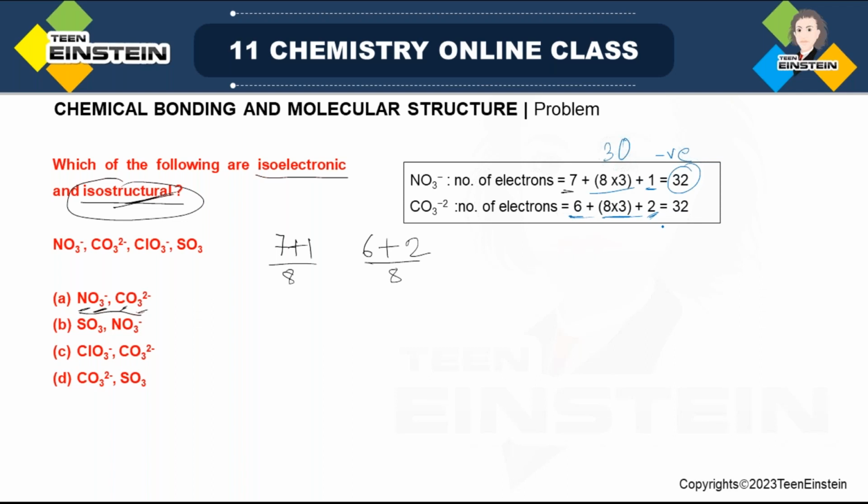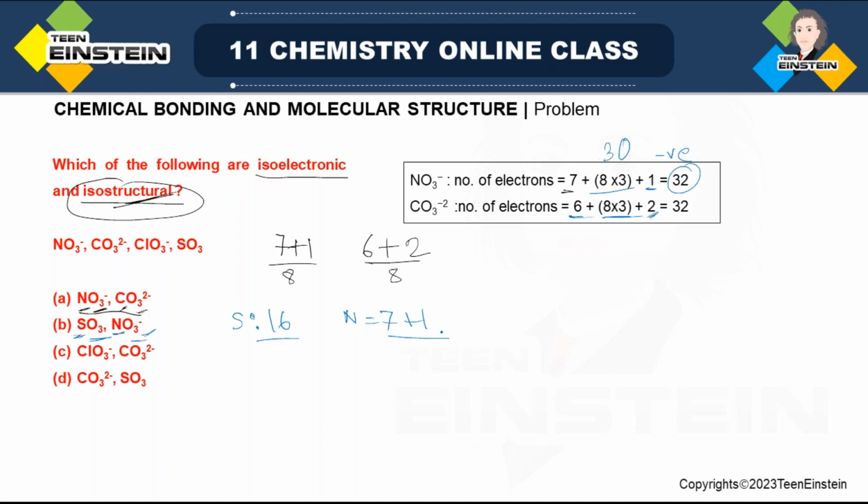Now what about the next 3? For the next 3, I suggest you don't have to do the full calculation, because the number of oxygen is again the same, so their contribution of electrons will be the same. And what about sulfur and nitrogen? For sulfur, atomic number 16, for nitrogen it is 7, and there is no negative charge here, while here you have only 1 negative charge.